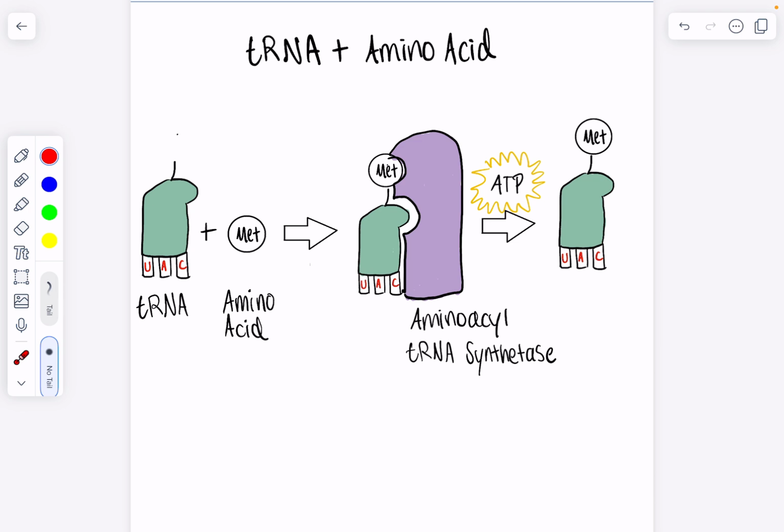So we have our tRNA right here and our amino acid, and we want to combine them. Amino acyl tRNA synthetase is going to interact with the tRNA and the amino acid, go through a reaction that requires energy, ATP, in order to produce our tRNA bound to the amino acid.